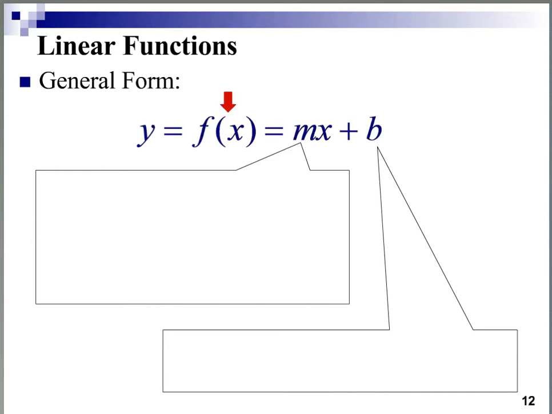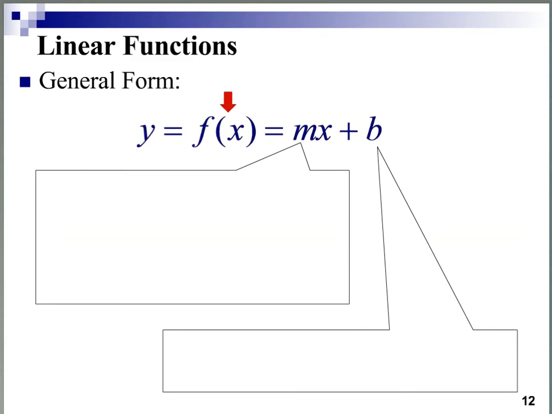Inside the parentheses, when we use function notation like this, the variable that's inside is always on the horizontal axis, and we call that the independent variable. It's independent in the sense that it gets to change or vary. The other variable, in this case the y, is always on the vertical axis, and we call that the dependent variable. So we say that y is a function of x, or y is equal to f of x. So y depends on x.